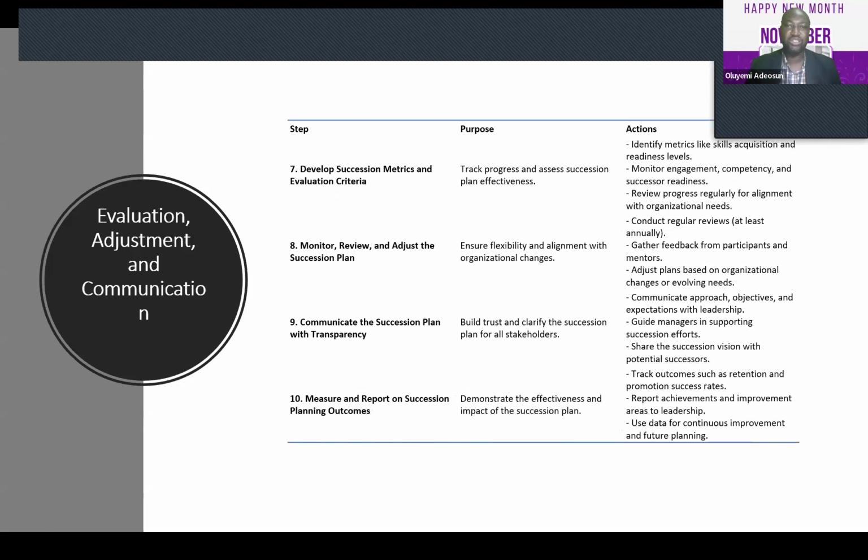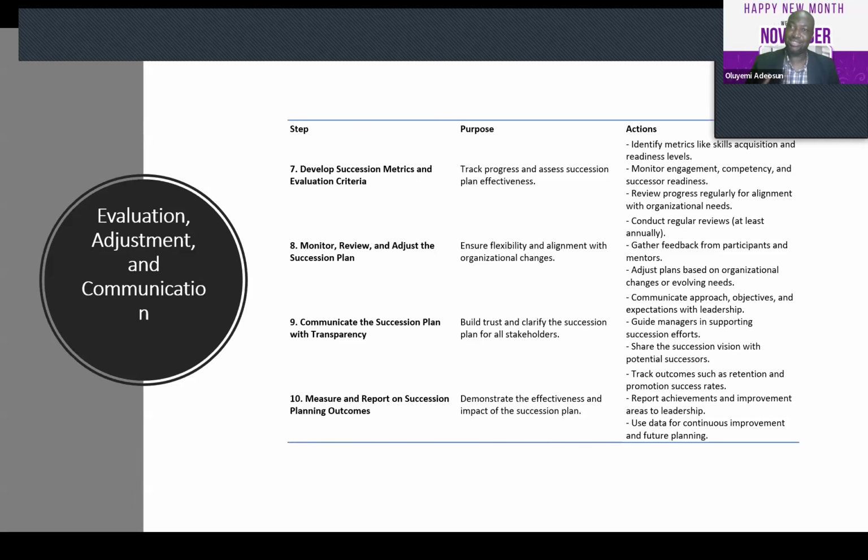Then you need to develop succession metrics and evaluation criteria, because you must be able to know that this person is improving in these identified areas. It cannot be subjective. Let's take something pedestrian, for example, grooming. You are preparing somebody for the C-suite.